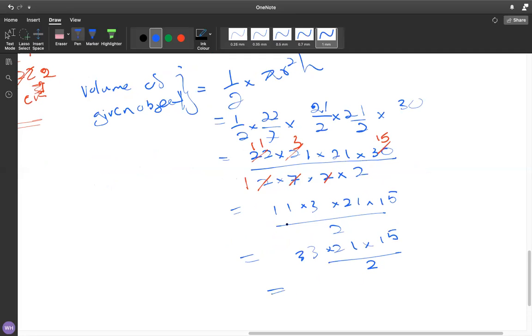If you divide it by 2, you will get 5,197.5 in cubic centimeters.